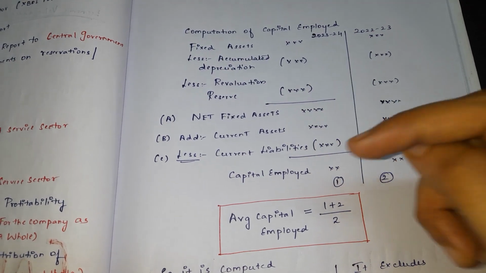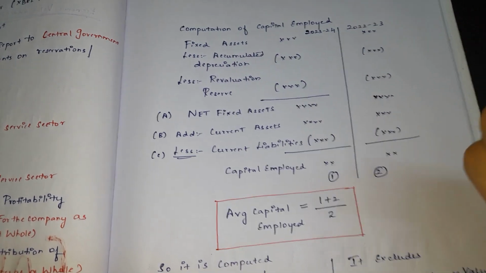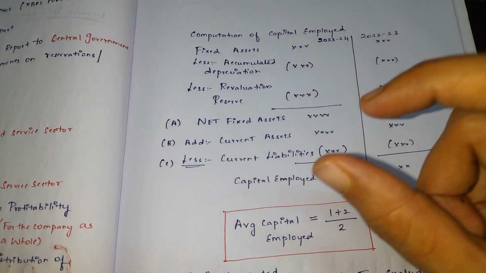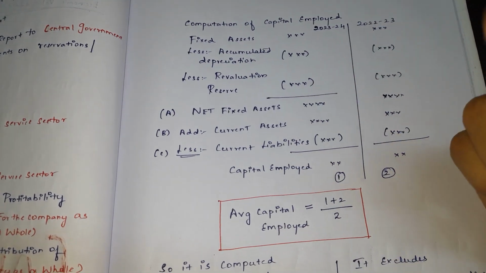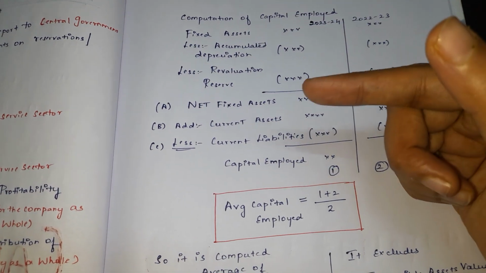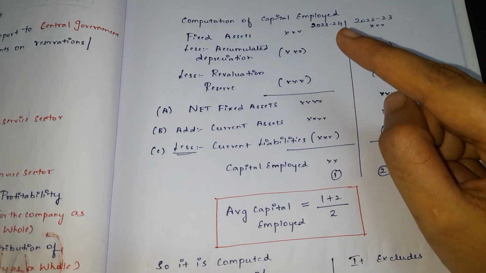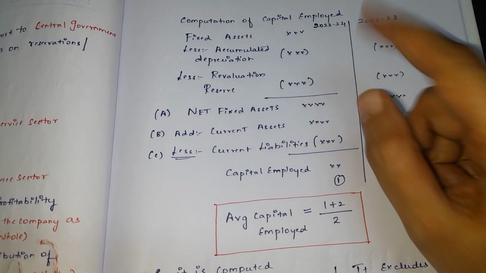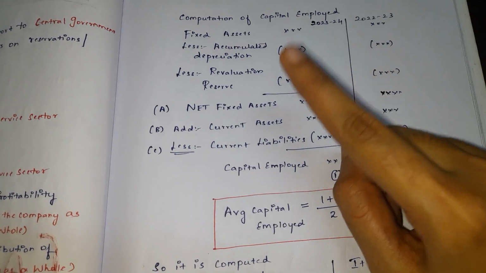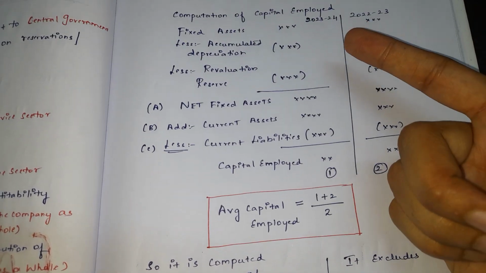Then what about non-current investment? Yes, we will consider non-current investments. For example, security deposits facilitate the smooth running of a business, so I can consider that. But current investment is like my money invested in some other company.